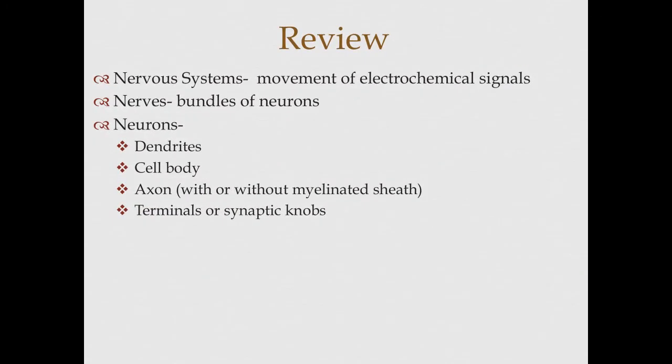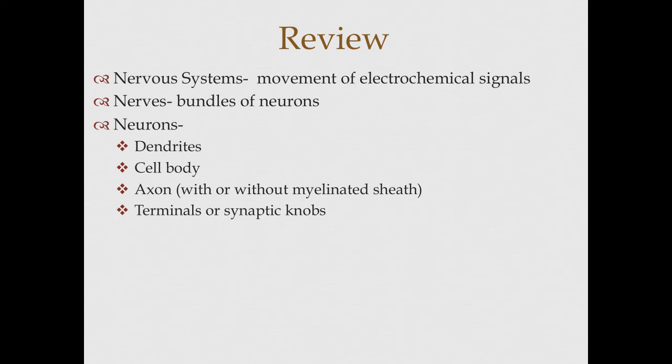So in review, nervous systems are all about the movement of electrochemical signals. The structures that transfer this information are called nerves, which are nothing more than bundles of nerve cells, which are called neurons. And we looked at the detailed anatomy of a neuron, starting with the dendrites, which are the receivers of the information, passing through the nucleated cell body, and then the largest part of the neuron is the axon, the long axis.